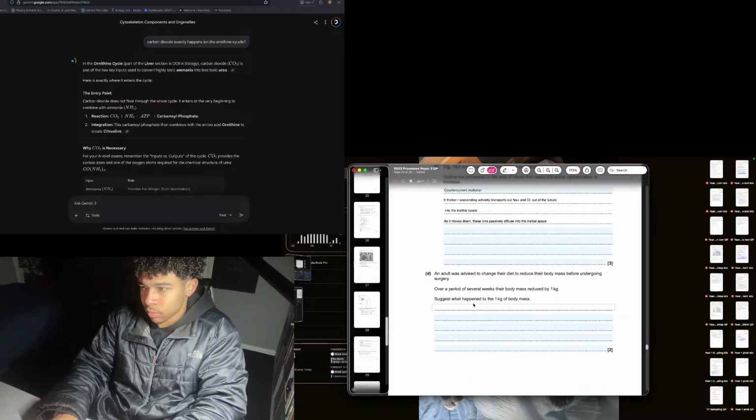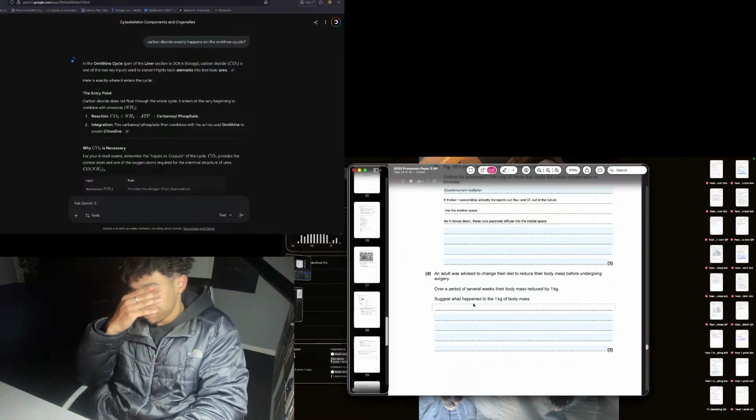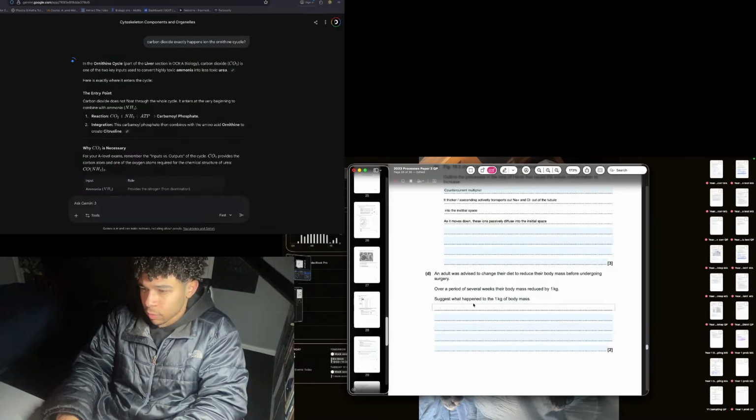Endotherms do not... sorry. Ectotherms do not have these processes, such as lizards.